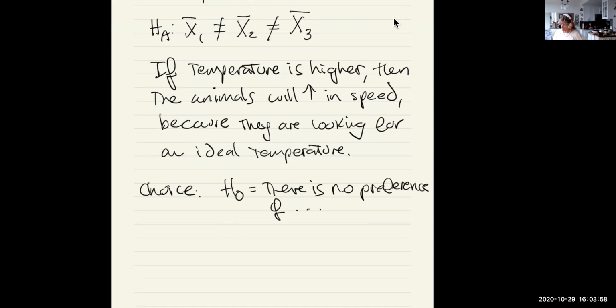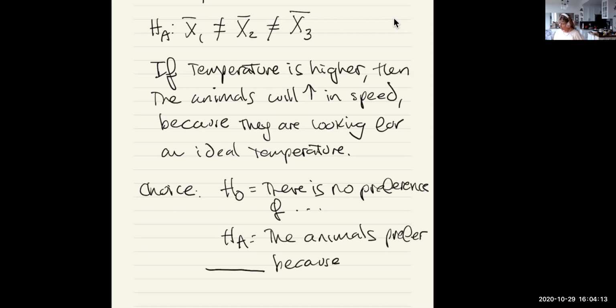And your alternative hypothesis will be the animals prefer whatever it is you think they would prefer, because for whatever reason you think they would prefer it.